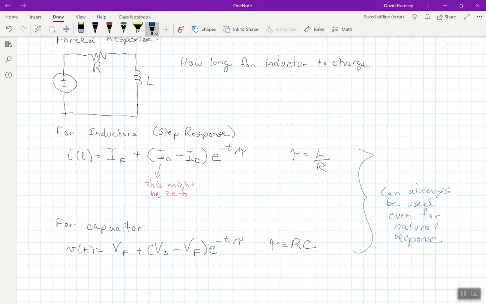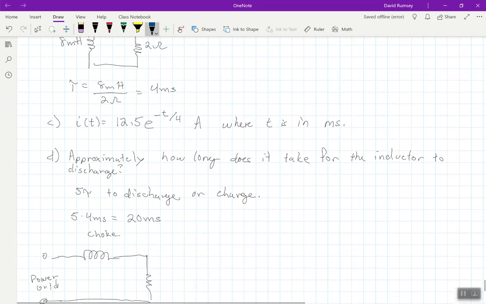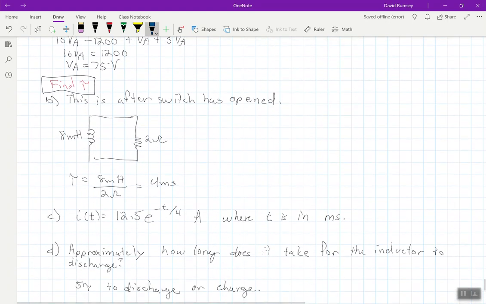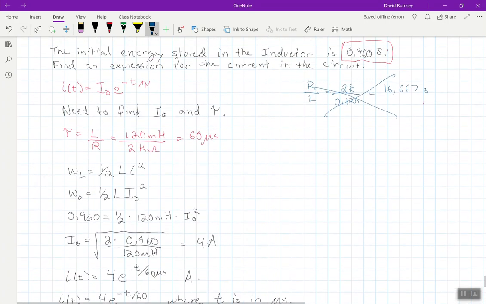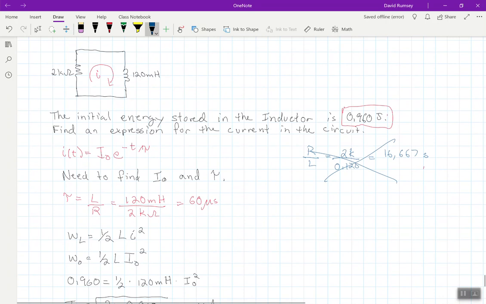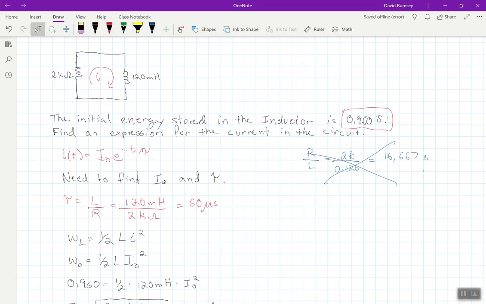And I'm going to go back to an example we did in a previous video to illustrate how we could use it. Okay, right here. Let's look at this one on how we could use that new equation and still get the same answer. Well, i(t), we said, is I0 e to the minus t over tau.